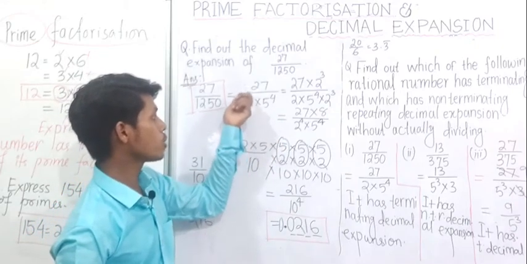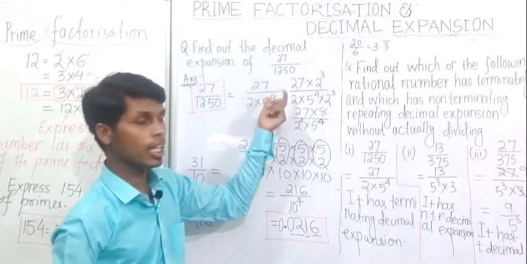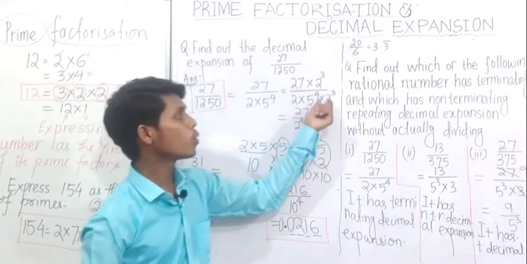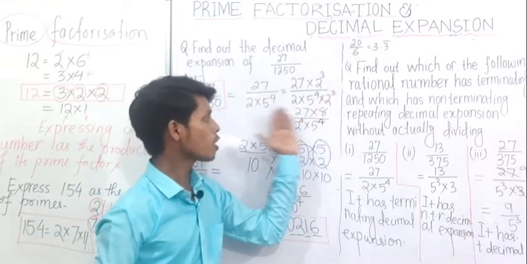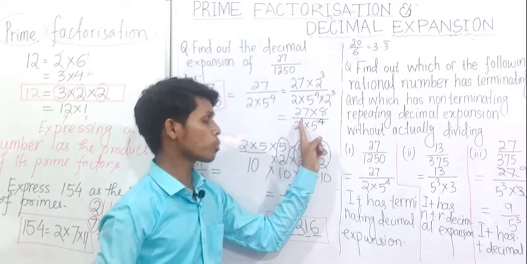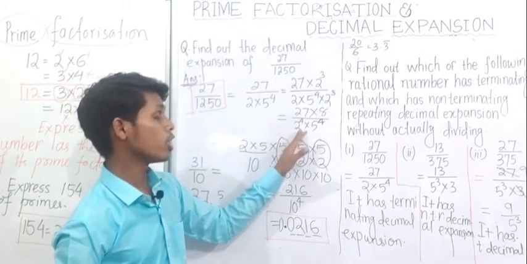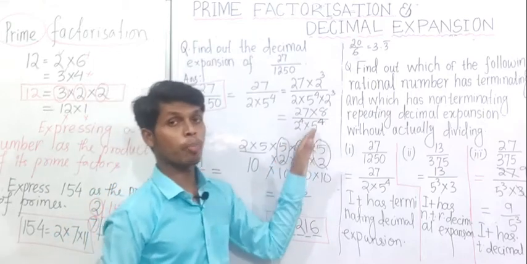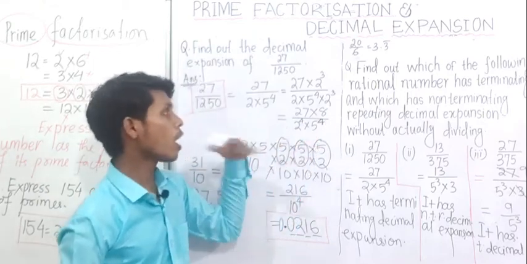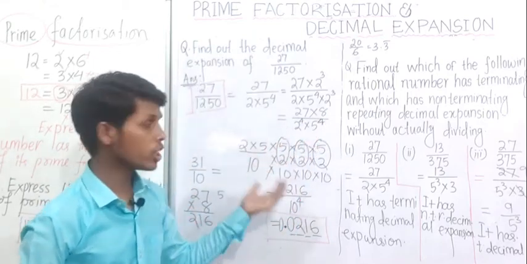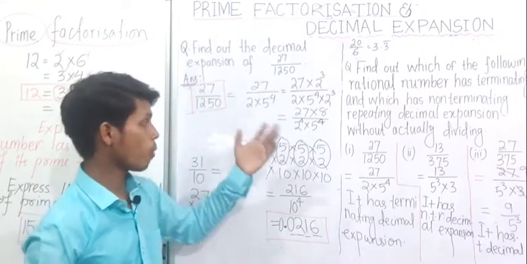Here 2 was once and 5 was 4 times, so I had to multiply 2 three times to make the exponents of 2 and 5 equal. Here the exponent of 2 becomes 4 and the exponent of 5 becomes 4. So as per the need of the question, you have to multiply either 2 or 5.